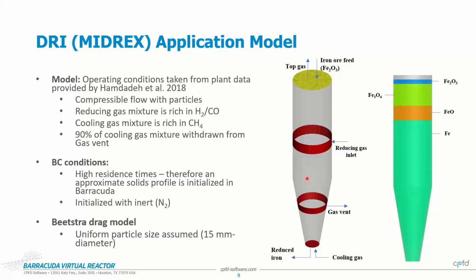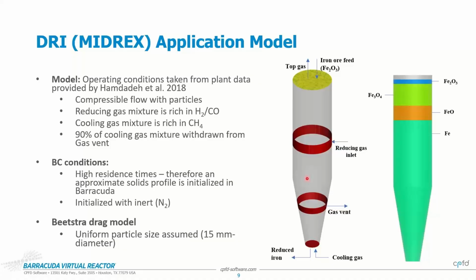You can imagine for a process like this, you have relatively slow motion of solids. You're going to have a high residence time for this type of system. And so we want to come up with an initial condition that gets us to a steady state as quickly as possible. That's why we initialize a solid distribution at the beginning.